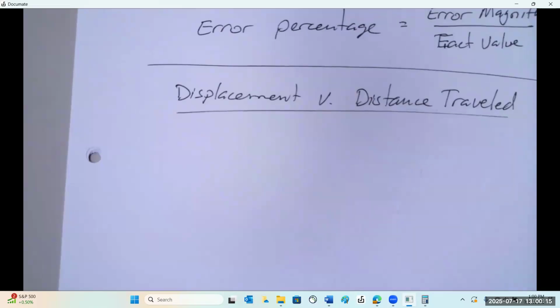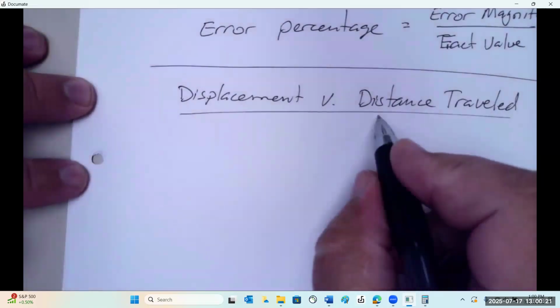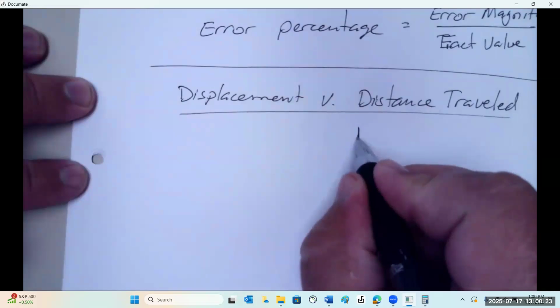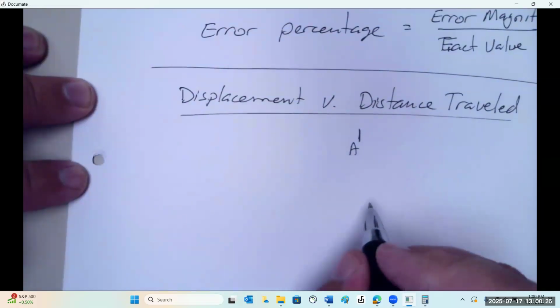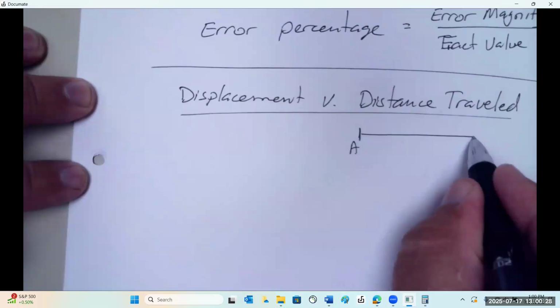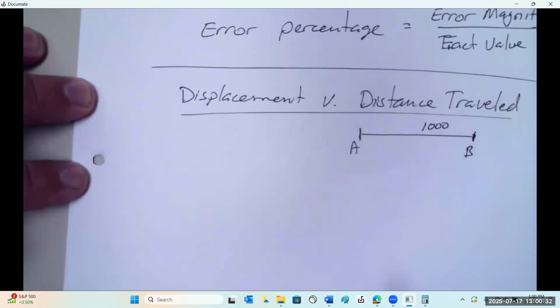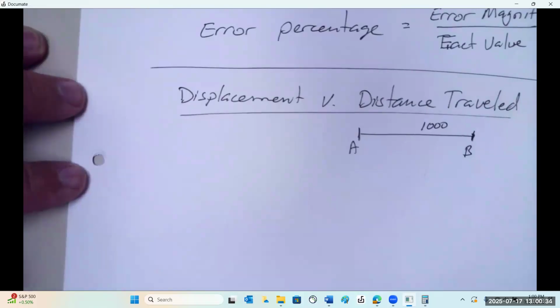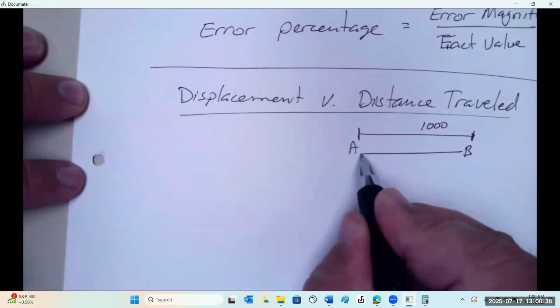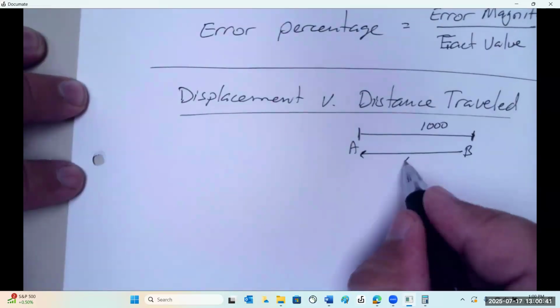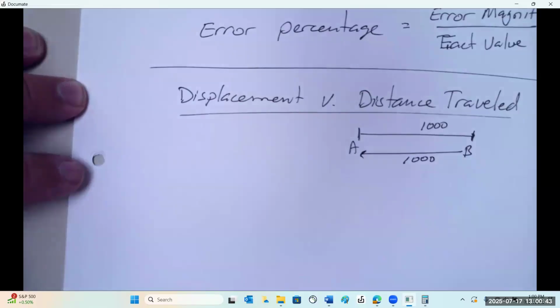What is distance traveled? The difference is this, pretty much. The distance traveled, if I started here from point A and traveled to point B, let's say it's 1,000 miles, and traveled back, how far did I travel?